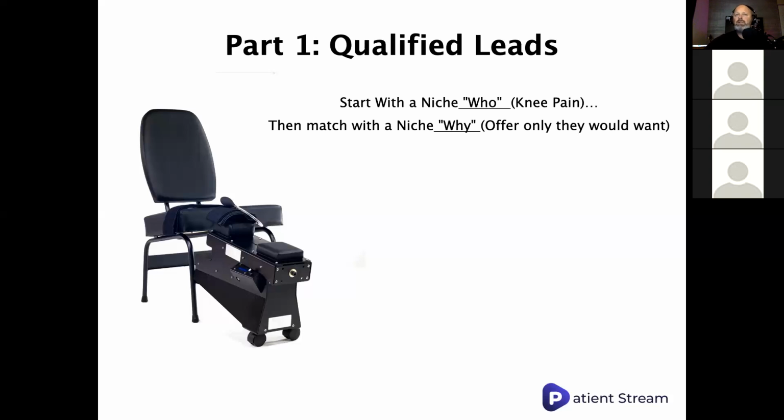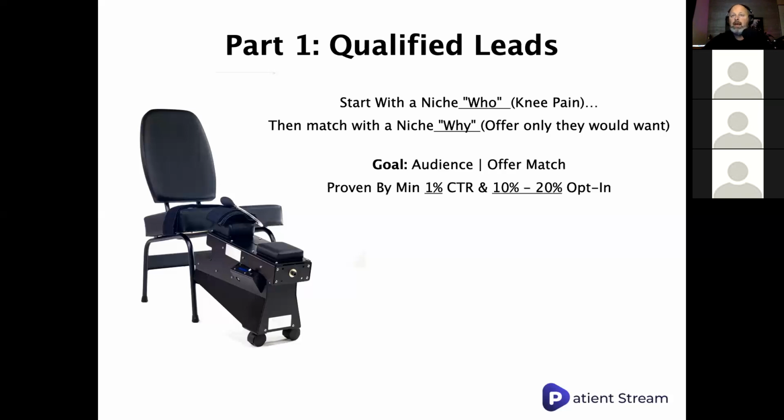So we want to start with a niche who, so knee pain, then match with a niche why. Something that they want, something that maybe would seem obvious to them, something that they're like, hey, I haven't seen that before. It needs to be somewhat novel, right? And when we have something that fits that criteria, a niche who and a niche why, we have what's called an audience offer match.